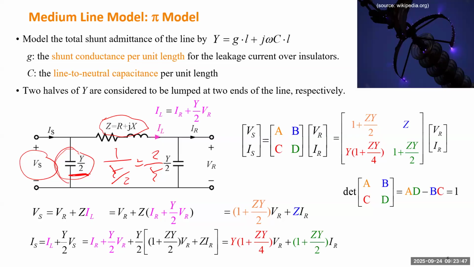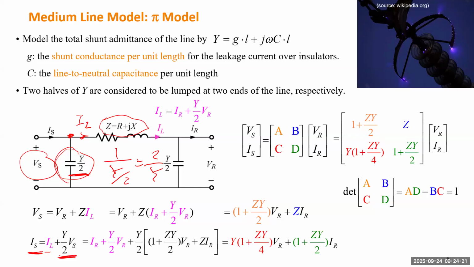You see here, the source current, if we apply Kirchhoff's current law here, this current is the line current. We want to figure out the current going to the first branch. We use the voltage multiplied by the admittance, not divided by the impedance. So half Y is actually the admittance, and admittance multiplied by the voltage will give you the current. So that's the first thing I want to emphasize.